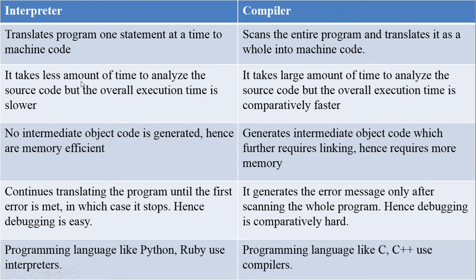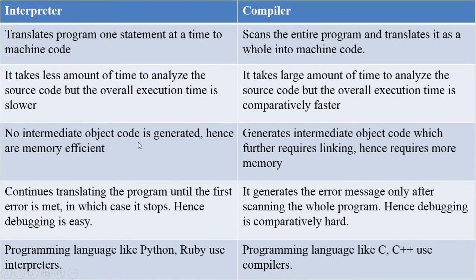The interpreter converts line by line, analyzes each statement separately and executes each one after another, so it is comparatively slower, while the compiler is comparatively faster.